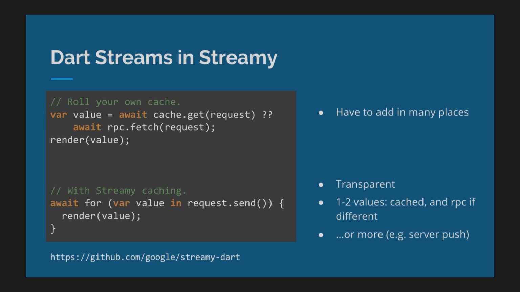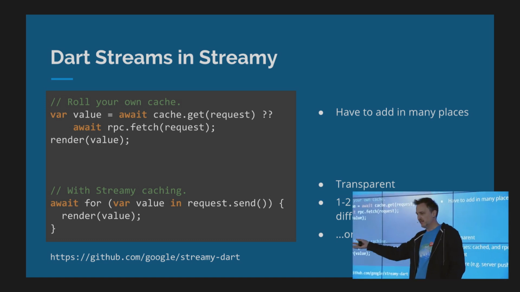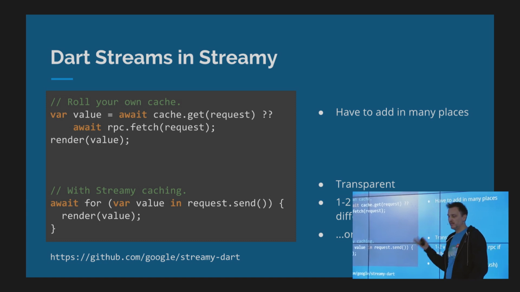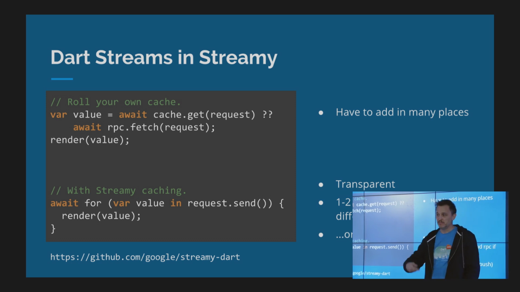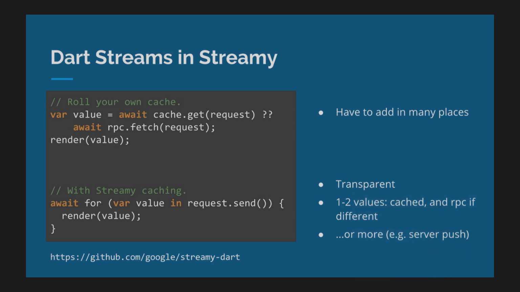You can just listen on the stream, and you can either get 1 value if there was a cache miss, or you can get 2 values if there was a cache hit and there was an updated value. Or, we don't do this right now, but we could, the server could push you a new value at some point, and you can get additional values. We were very pleased to have constructs like streams available to us.